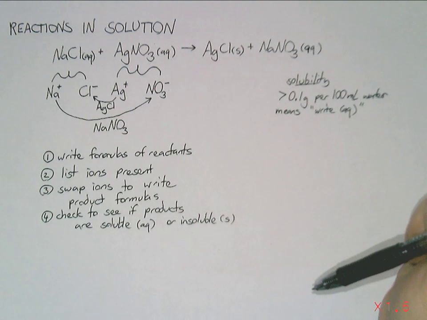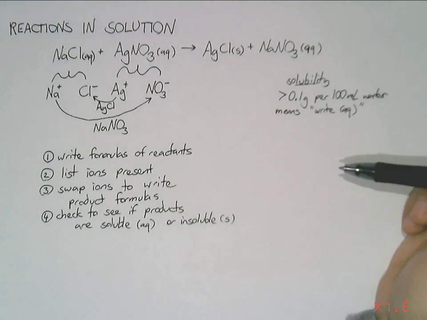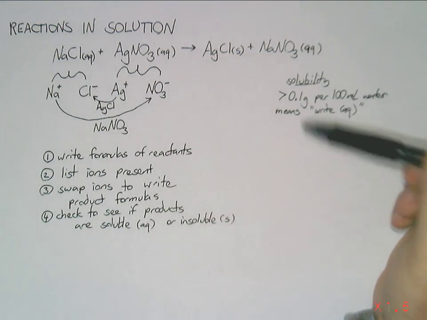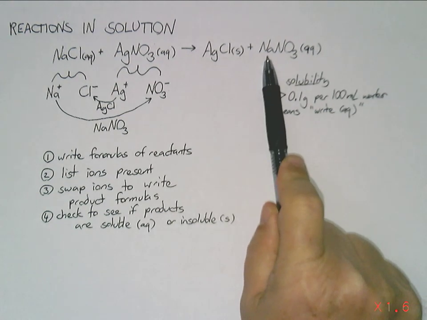Now, in the textbook, there are some guidelines, some rules of thumb that work most of the time, that will let you predict whether something is soluble or not just by looking at the formula. For example, there's a rule in the textbook that says if you've got an alkali metal in your ionic compound, it's going to be soluble in water.